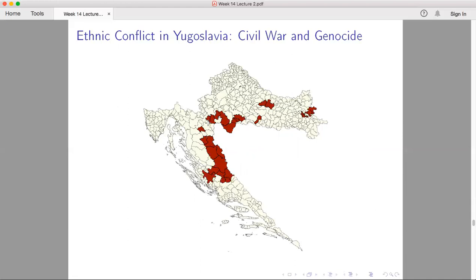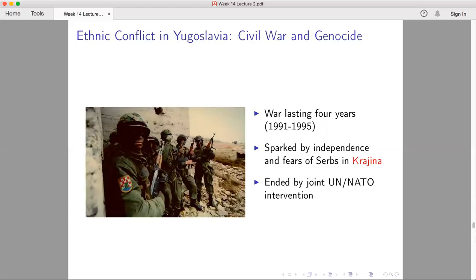And that was in part fueled by the fact that Croatian ethno-nationalists had come to power in Croatia as well. And then eventually, even though this crisis lasts for 5 years, it is ended by a joint UN and NATO intervention.